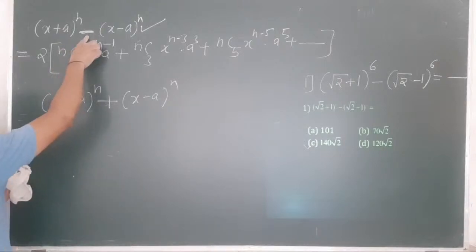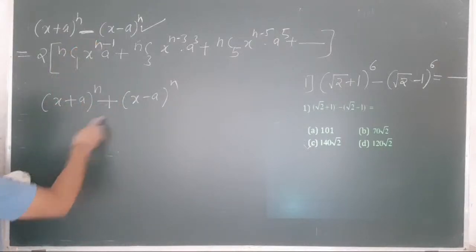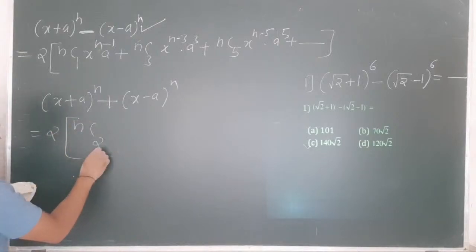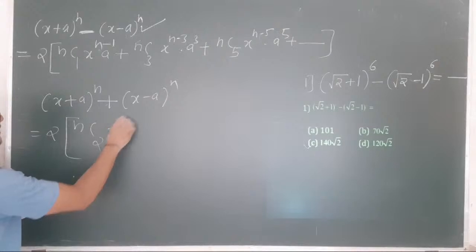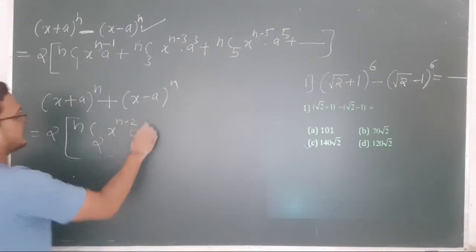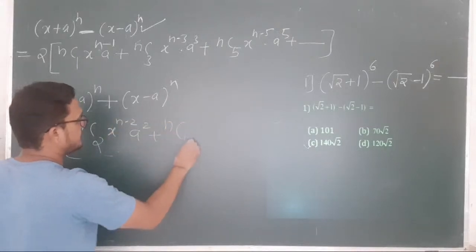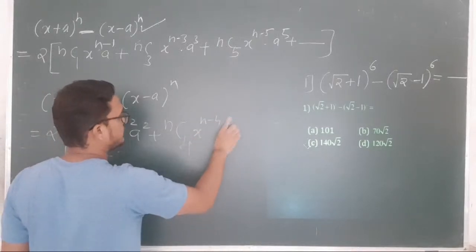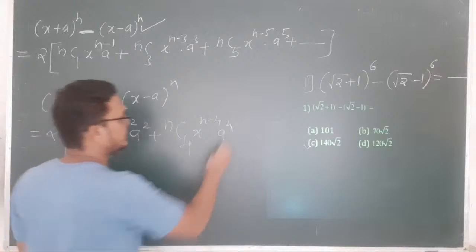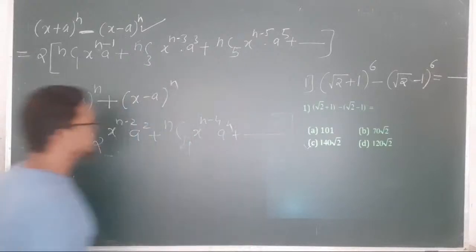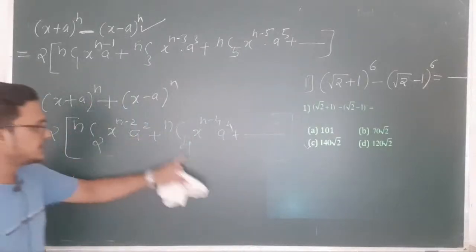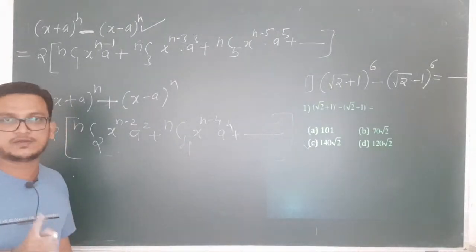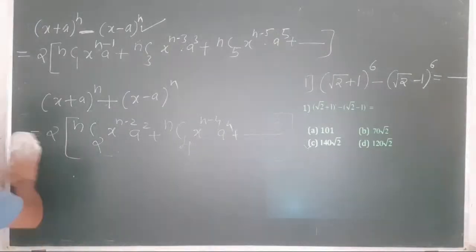When it is minus, I got odd. When it is plus, you will get only even numbers. Means nC2 x to the power n minus 2 into a square plus nC4 x to the power n minus 4 into a to the power 4 plus so on. Means here we are getting nC2, nC4, nC6, nC8 and so on. Even ones you will get. So just remember these two results.